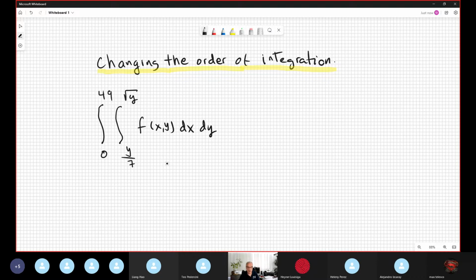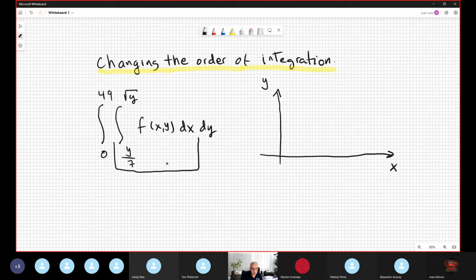The problem is I need to understand how this student set up this integral. So I need to understand the regions. I see that the student set up the first stage using dx. So this value is x.